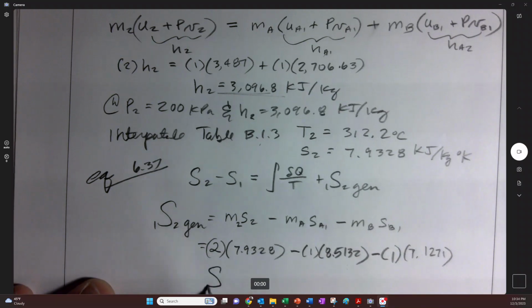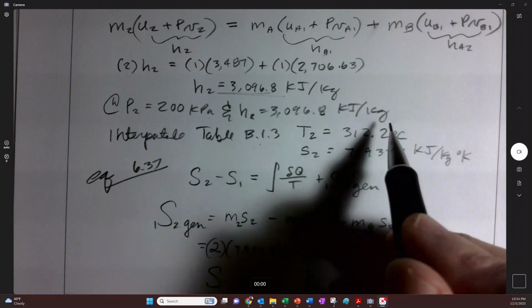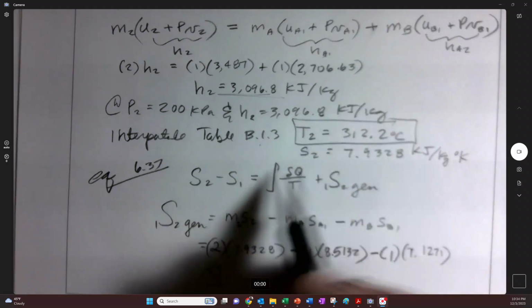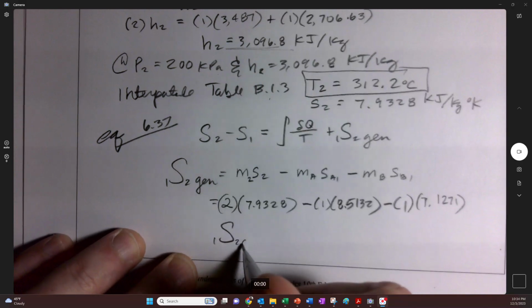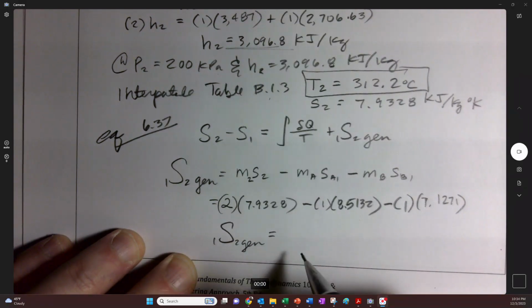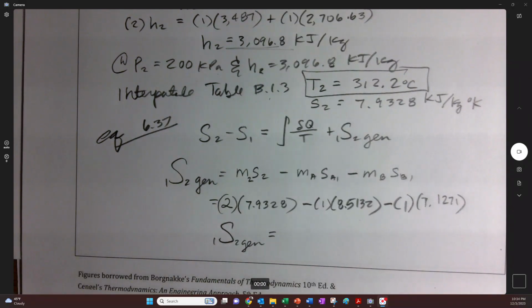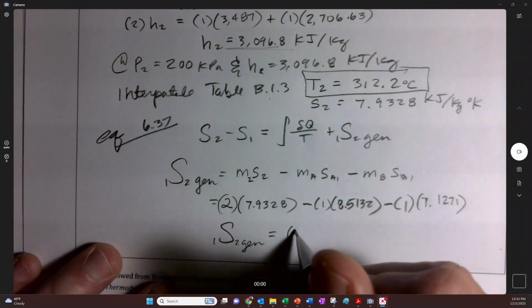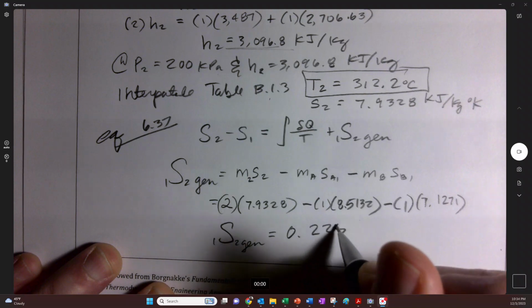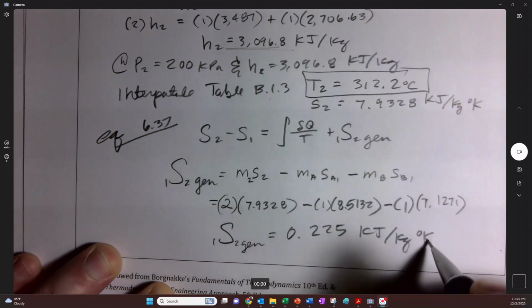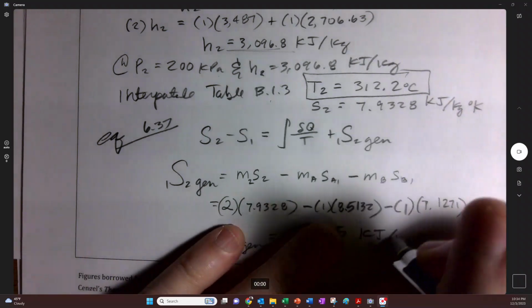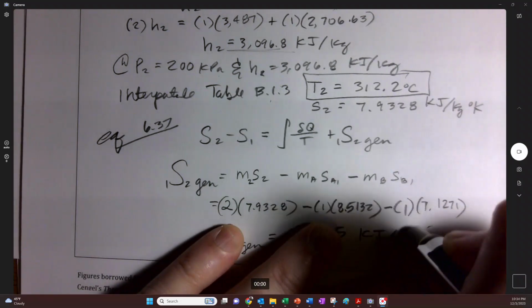And so we should get the answer here. First off, here's one of our answers. We should write it at the end, but not right now. S 1 to 2 gen ends up equaling 0.225 kilojoules per kilogram degree. No, it should be just per degree Kelvin, right? Degree Kelvin.